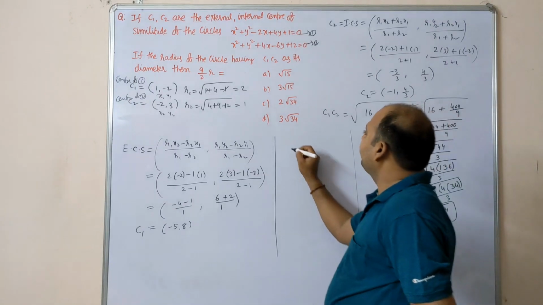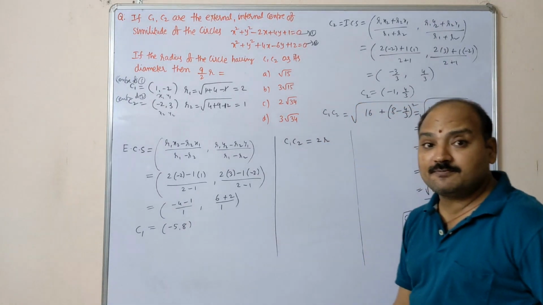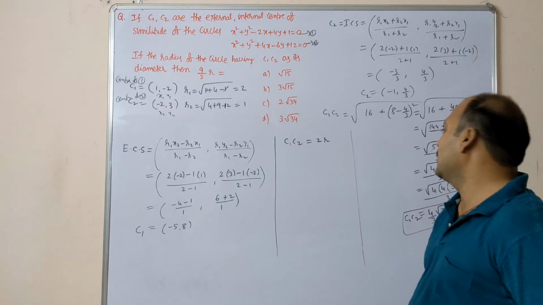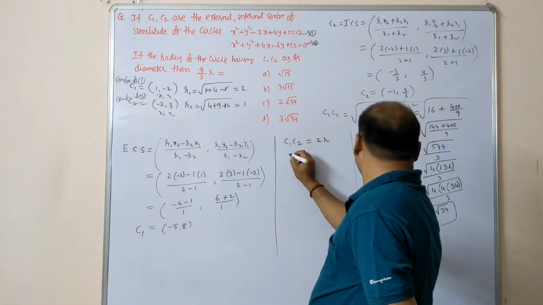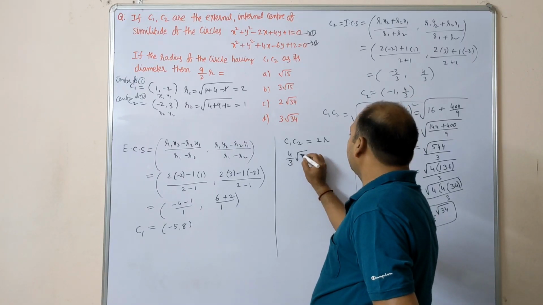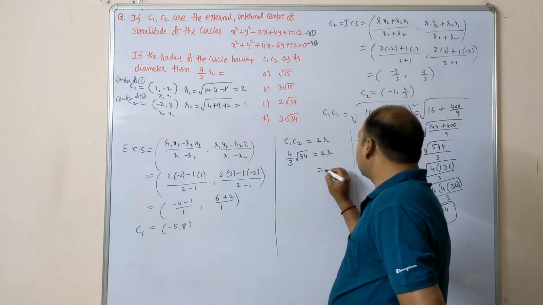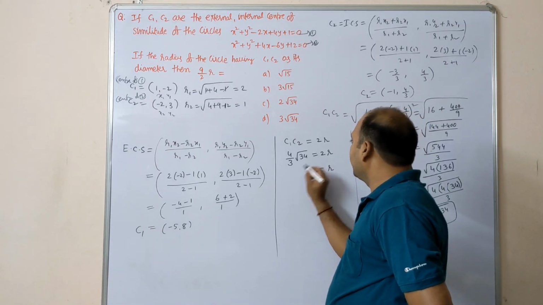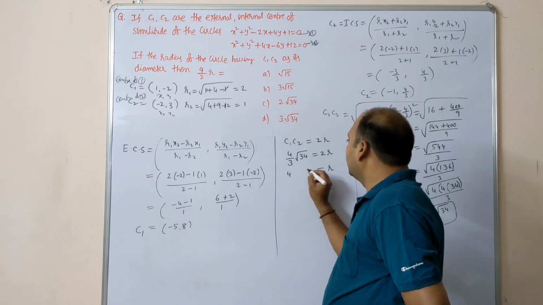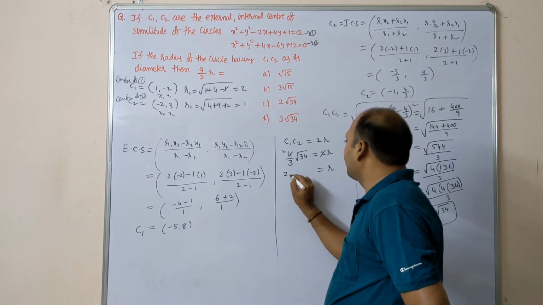And I am coming to here. The given condition for C1, C2 is what? 2 times the radius. C1, C2 value is 4 by 3 root 34, equal to 2 times R. So make R the subject: the 2 we can take this side, so R is equal to 2 by 3 into root 34.